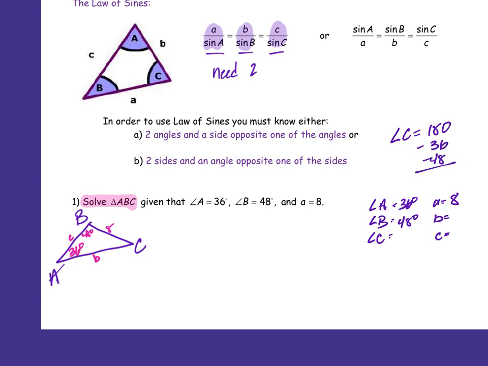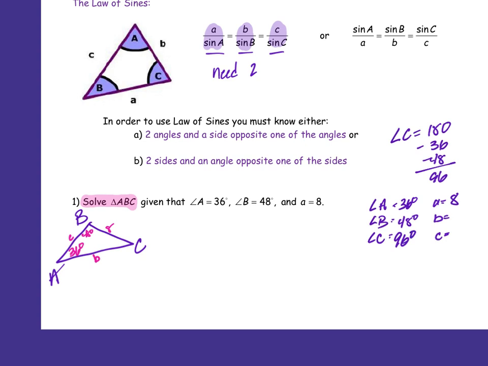I'm just going to put that in my calculator. 180 minus 36 minus 48 is 96. So angle C is 96 degrees.